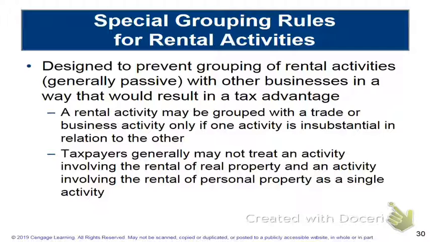Taxpayers generally may not treat an activity involving the rental of real property and an activity involving the rental of personal property as a single activity. What if they own like a coffee shop downstairs? 2 different activities. One's a business, one's real property. You've got to keep those two separate.